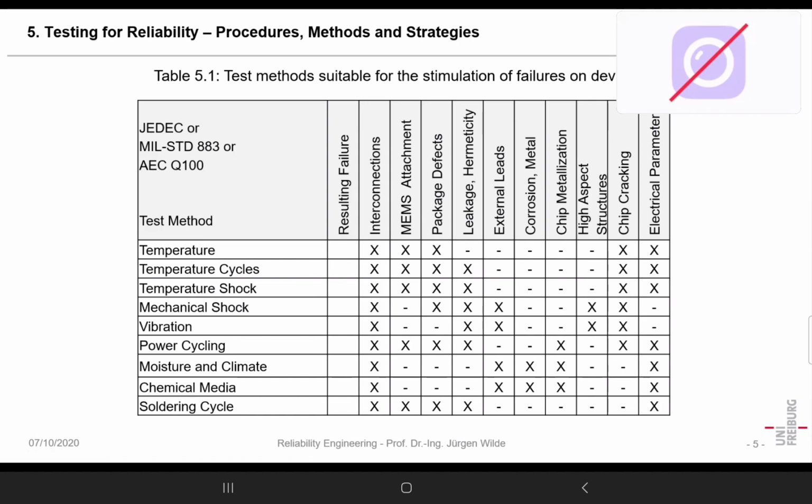Here again, in the die attachment, we can see it's not only a question of production, but also a question of design. Who did not yet attend assembly and packaging, or Aufbau- und Verbindungstechnik? Who was not? Okay, the rest should know about delta alpha problems. And these we have typically when we cycle and when we do power cycling. Then we can have package defects.